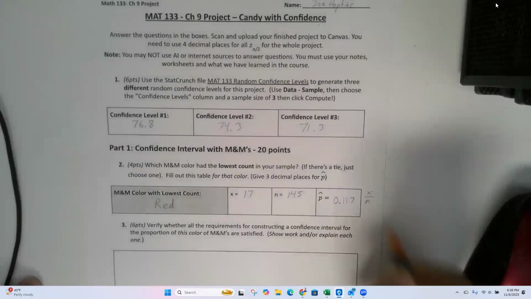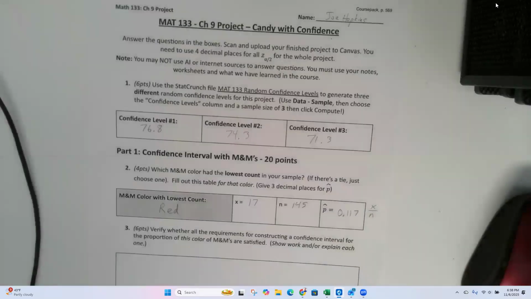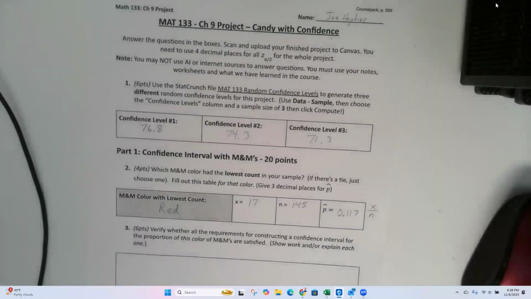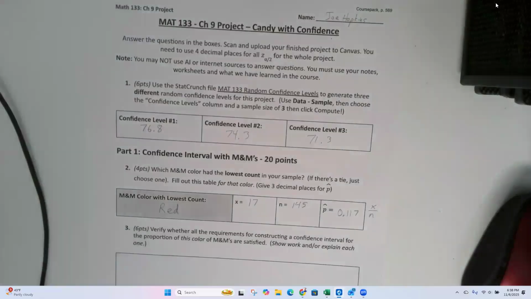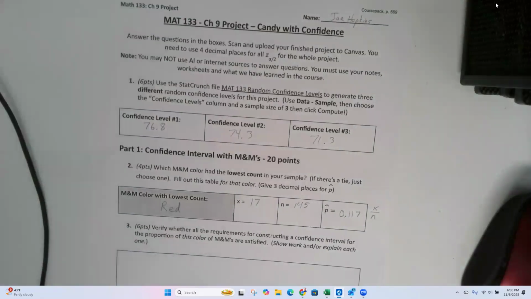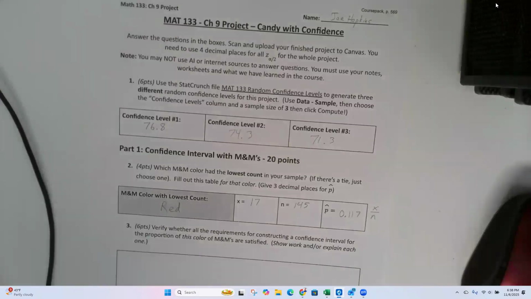So 11%. The idea here is that we are going to be talking about the proportion of M&Ms for me that are red. For you it might be green or whatever, but what proportion of M&Ms are red? Well, my population is all M&Ms, and there's no way that I could count every single M&M in the world.